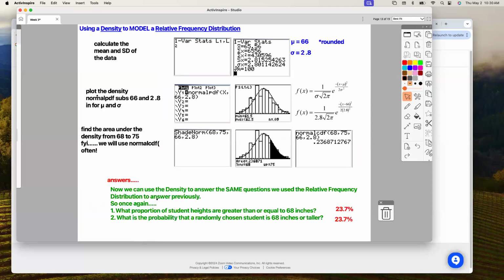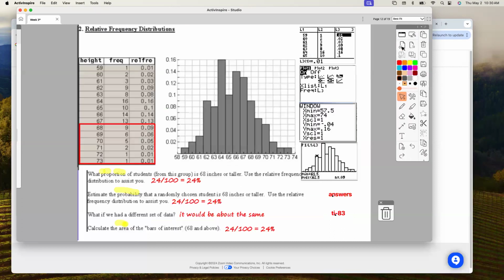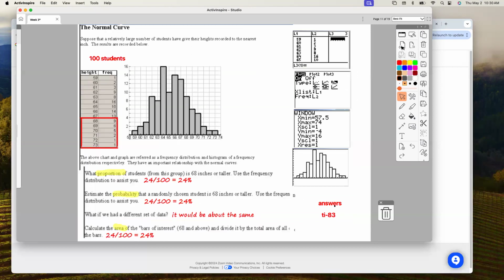And this is what I did. This is all in the TI-83. You could see I plotted the normal density with a mean of 66 and a standard deviation of 2.8, and that's coming from calculating the mean and standard deviation of all the data.